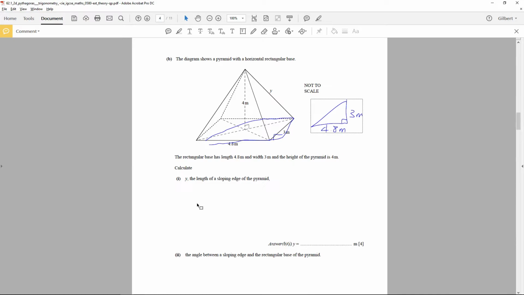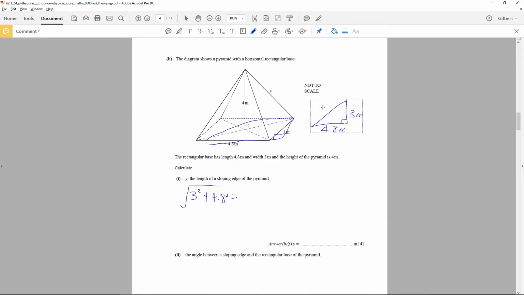So first we calculate the hypotenuse. 3 squared plus 4.8 squared, square root, the answer is going to give you the hypotenuse, which is this length.